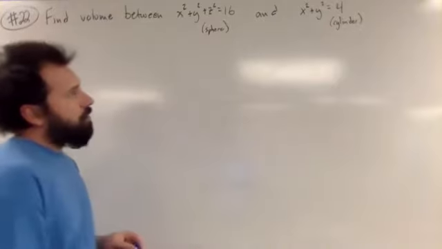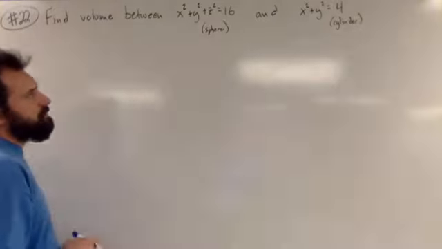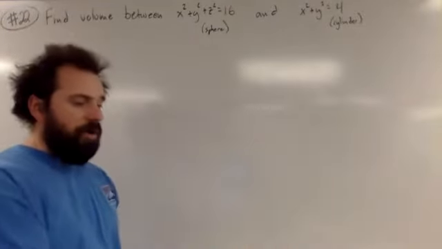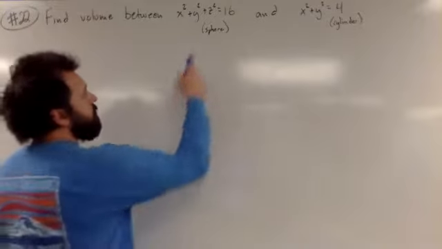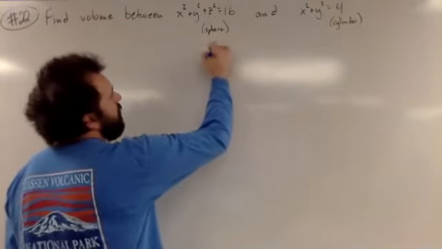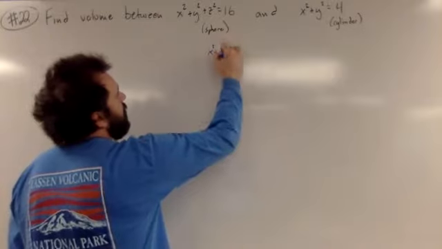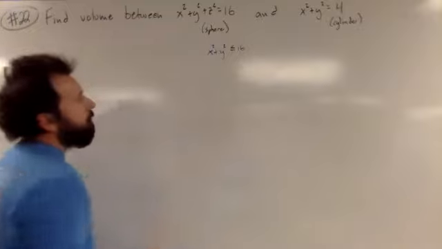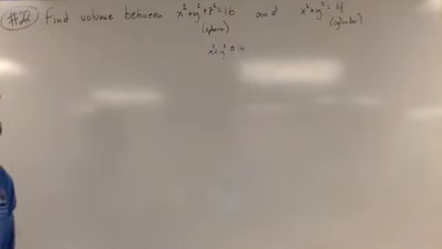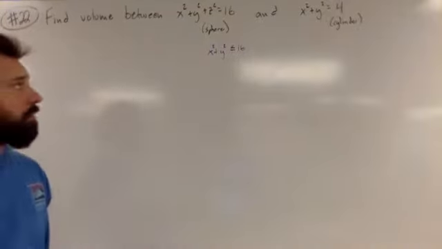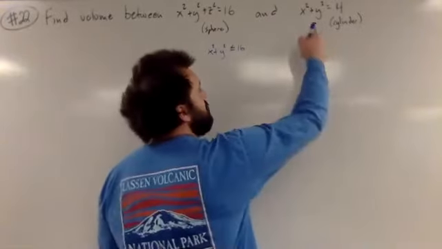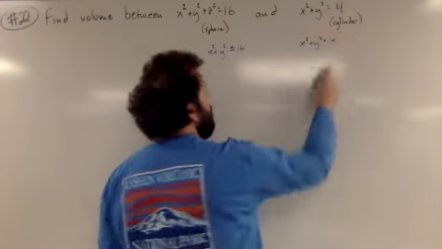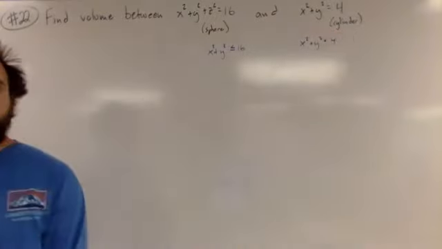So to find the region, I want to take projections of these two shapes and see what they land on in the XY plane. If I project this onto the XY plane, that's going to give me a circle of radius 4, right? And the cylinder is just going to give me a circle of radius 2.